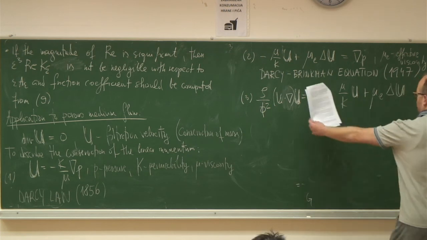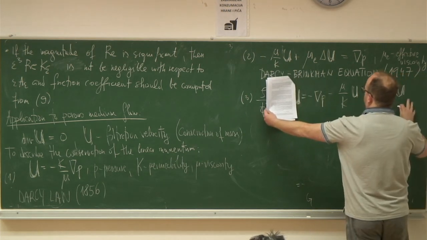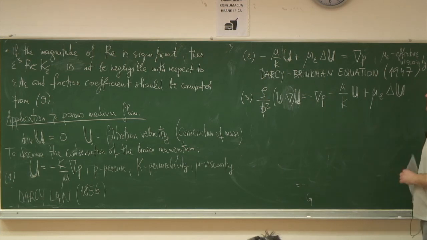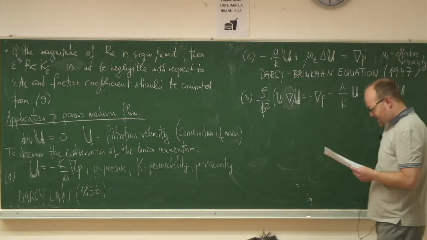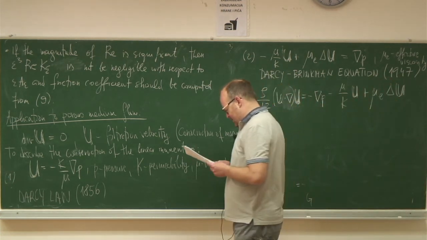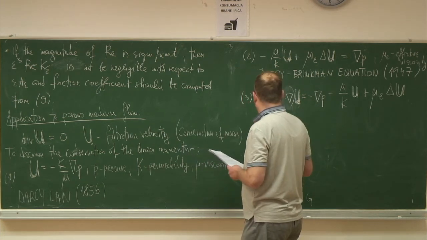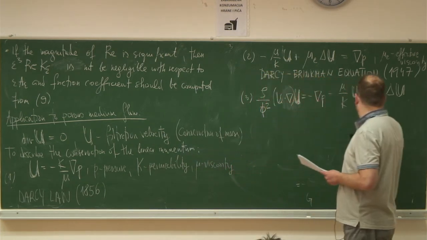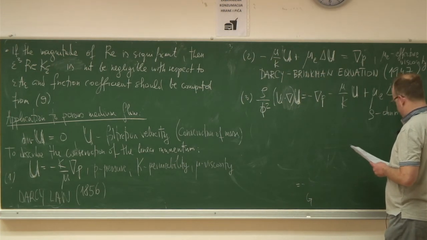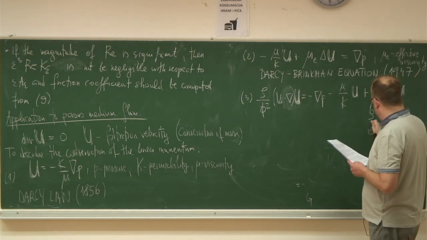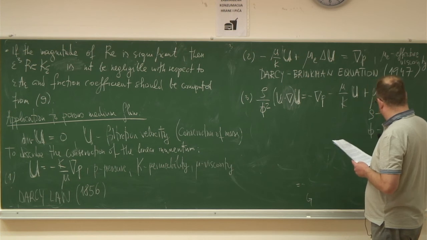So without this term, we have the Darcy-Brinkman equation. Now we have a nonlinear term. Here, rho is the density of the fluid, and phi is the porosity.